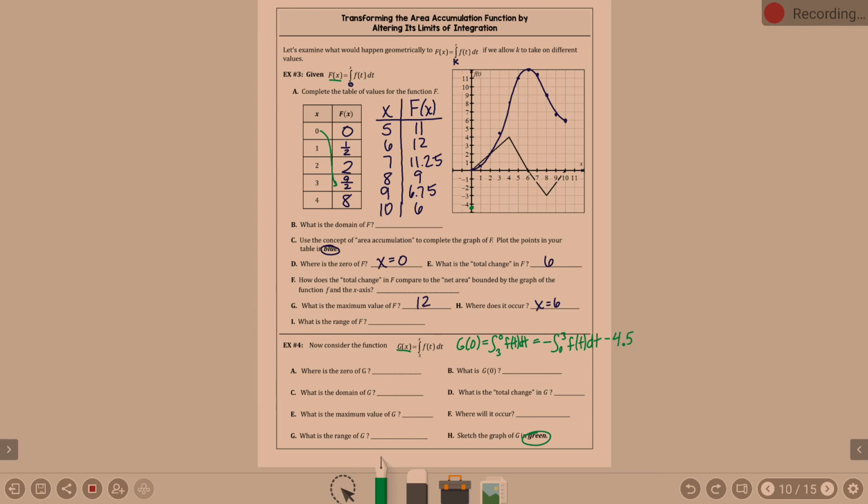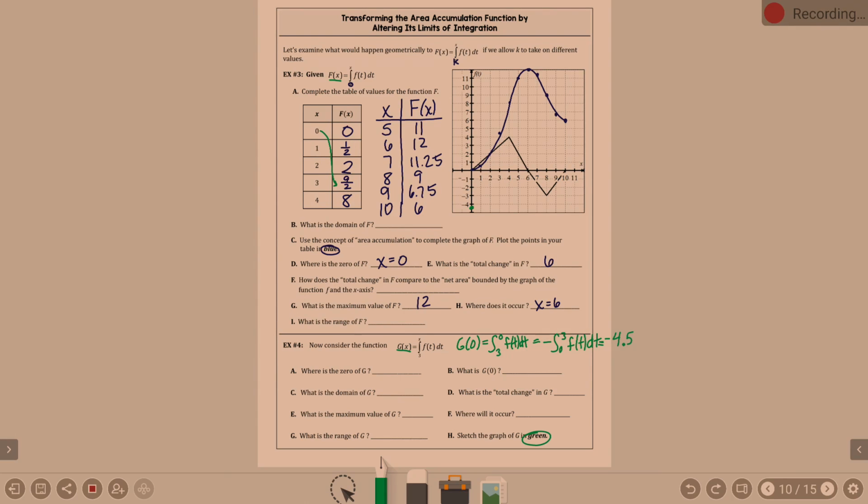If I use something other than green, which I do sometimes in my notes, I just highlight it and say, okay, there's the color I used. So that's supposed to say equals negative 4.5. With that in mind, we might sketch the graph now, or we might sketch it later.